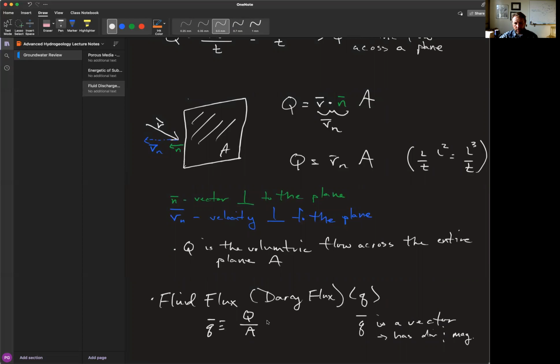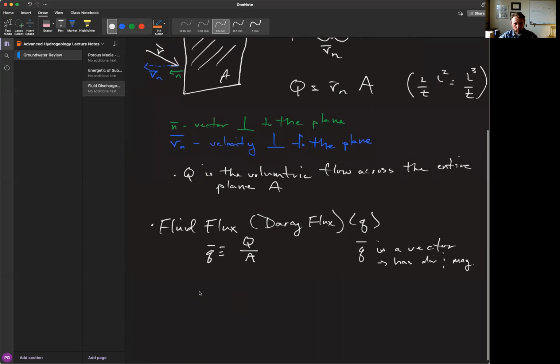All right, and let's look at the units. Length cubed over time for discharge over area. So I'm just going to put that as 1 over length squared.